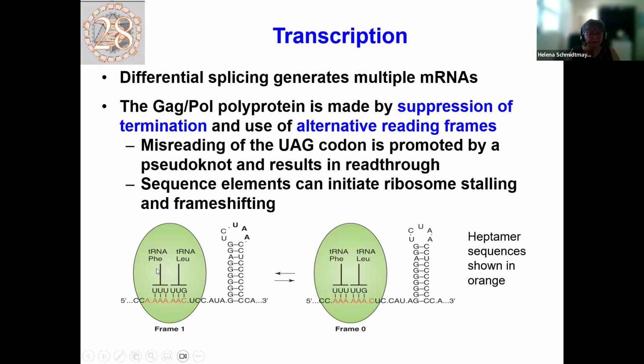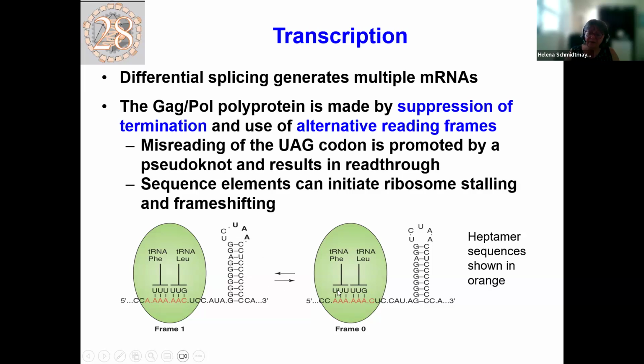You can see here there is one reading frame. Focus on these heptamer sequences, which are labeled in red. This is frame 1, which starts to read from the second A here, and this is frame 2, which starts from the first A. So those are so-called alternative reading frames. Reading frame 1 ends with the stop codon.